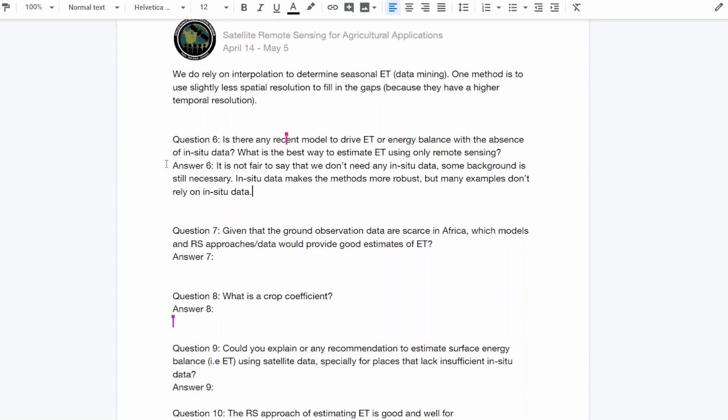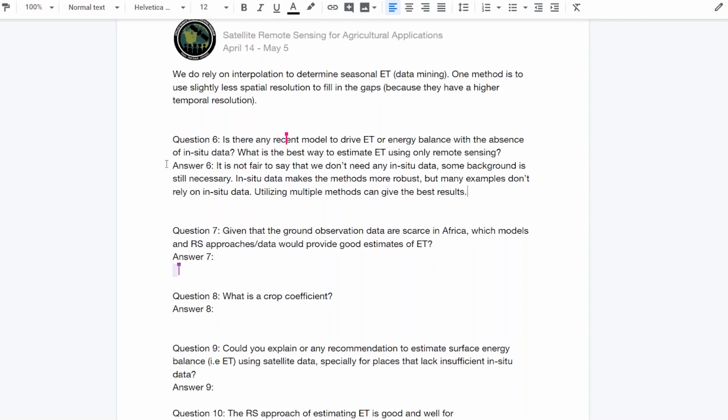Understanding when certain methods do better over certain areas and then using an ensemble of methods tends to give us the best validation when we actually compare against ground-based measurements of ET, where we have eddy covariance flux towers. So it's really that multi-model ensemble which is the best way to estimate ET from remote sensing.